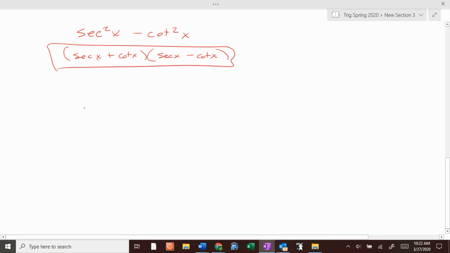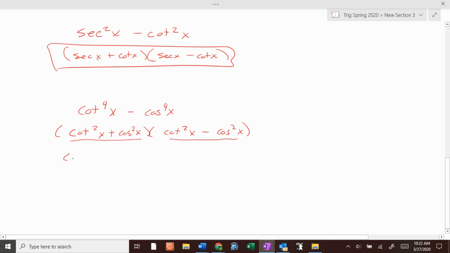But if we have cotangent to the fourth of x minus cosine to the fourth of x. Well, it's cotangent squared of x and cotangent squared of x plus and minus cosine squared of x, cosine squared of x. Okay? Now, this is sum of squares right here. It doesn't factor anymore. This right here is difference of squares. It still factors.